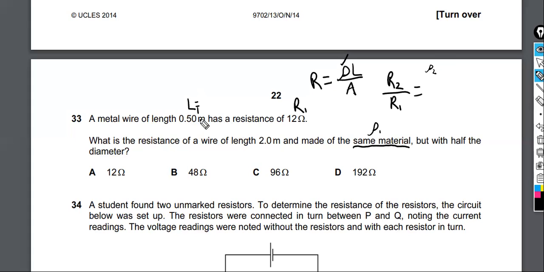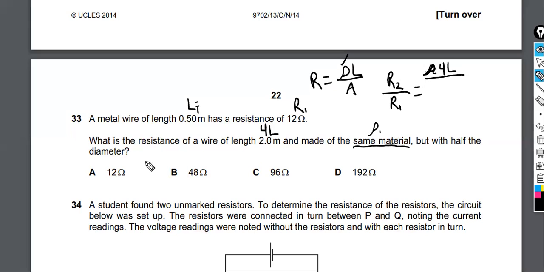If this is 0.5, then this is what? Four L, right? It's 4 times bigger than that. Do you agree? So I'm really going to say, R2 here is the same resistivity, rho, but it's 4 times as long, okay? Divided by, now I've got to think about the area here, okay?